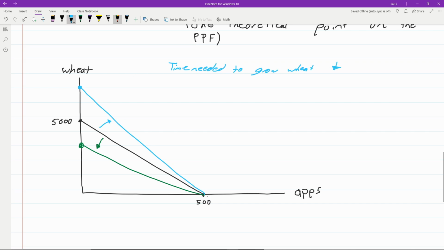I'm just rephrasing it a little bit because I realized that the way I phrased it made it sound like we now have more time to grow wheat. That's not what I mean. What I mean here is for the blue line, the time needed to grow each individual ton of wheat has gone down. And for the green line, the time needed to grow wheat has increased.